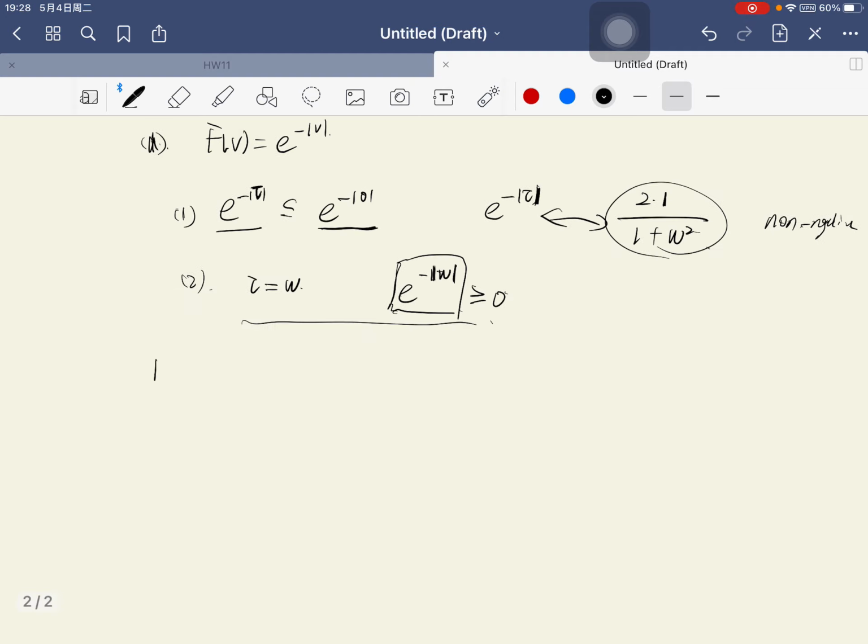For function B, F(V) is sine to the power of 2 over V to the power of 2, like the sinc function.